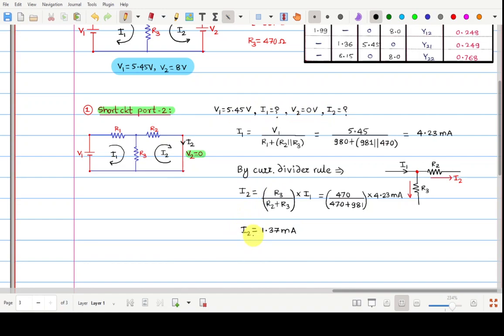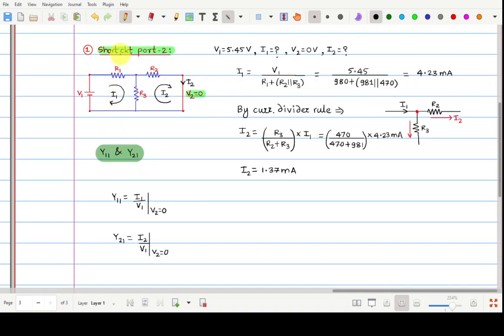Now we can calculate the first two Y parameters. When port 2 is short circuited, you get these two parameters, Y11 and Y21. Now we have written the formulas. There is one simple trick to remember them. What is Y? Y is admittance, and admittance is definitely current upon voltage.